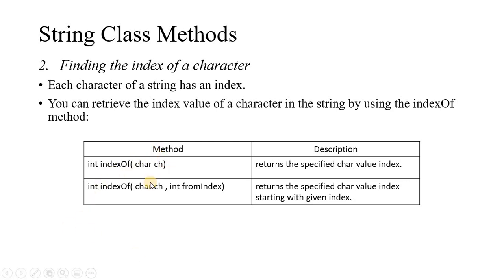If the same letter appears in two different locations, it will always find the first one. If you want to focus on the second, you can give a start index at some other location, and from there onwards it will find the character. For that reason the second method is there: from the starting point, where is this letter?